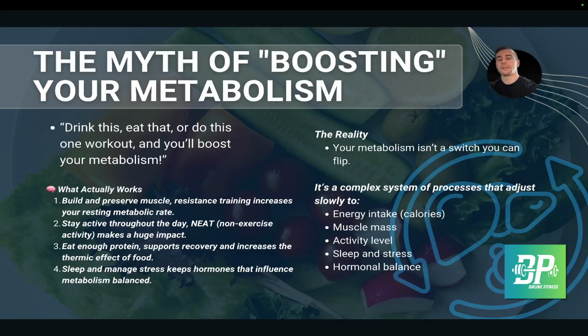Another thing that can help a ton is staying active throughout the day. This is known as non-exercise activity thermogenesis. And what this is, is really small movement that you do in the day. Let's say, for example, you park far away from the store and take time to walk there.